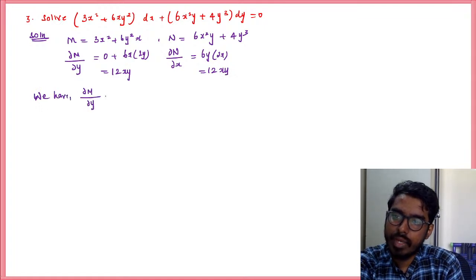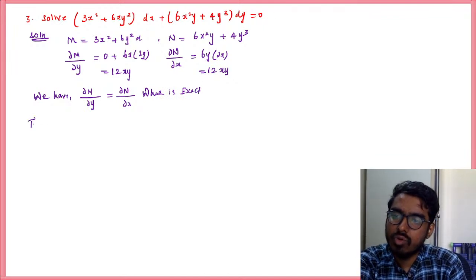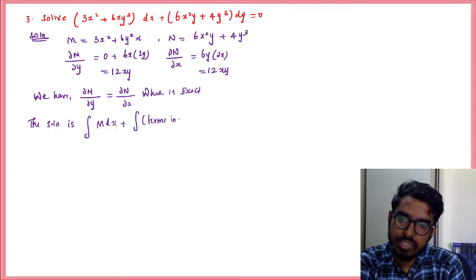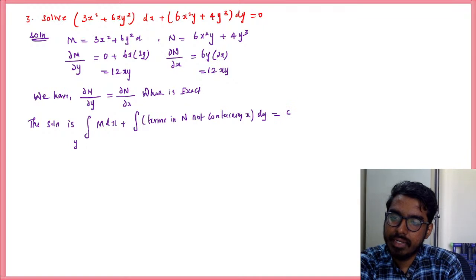So we have ∂M/∂y equal to ∂N/∂x, which is exact. So if M dx + N dy = 0 is exact, the solution is given by the integration of M dx plus the integration of terms in N not containing x, into dy, is equal to c. This has to be integrated treating y as constant.